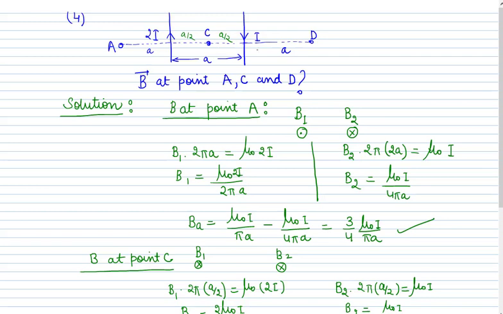So we can write B dot dl, 2 pi into 2A, is equal to mu naught 2I. And for point D, the distance of the second wire is A, so the radius will be A. But if you look at the direction, for this wire it is downward, but for this wire it will be in the upward direction. So the direction is again reversed, and we have to subtract.